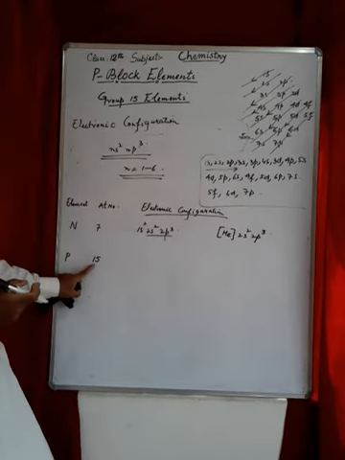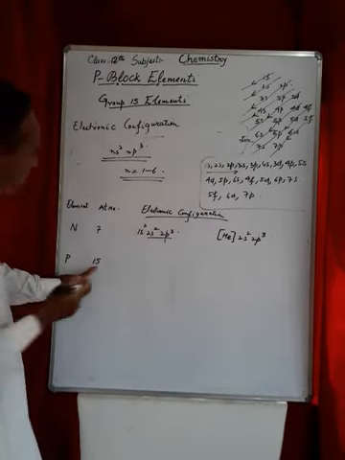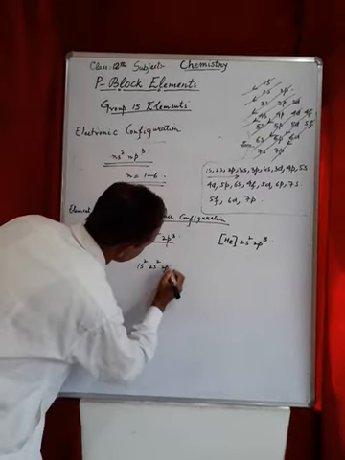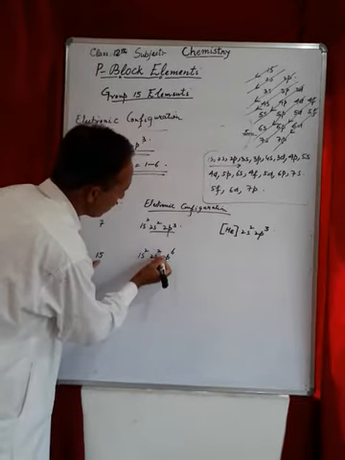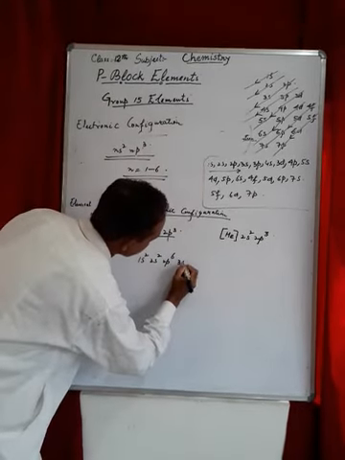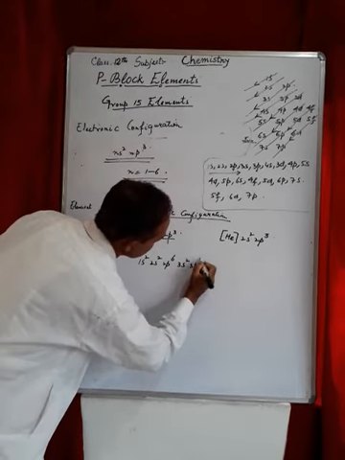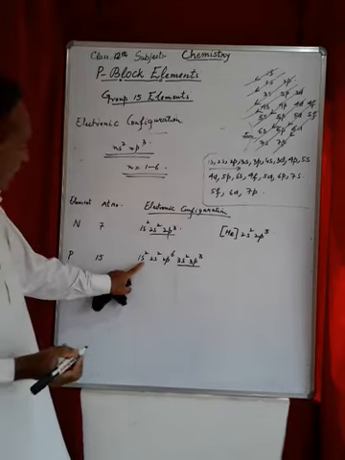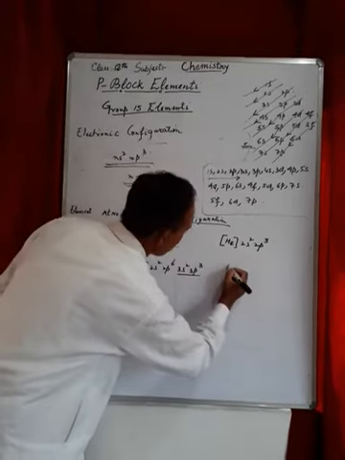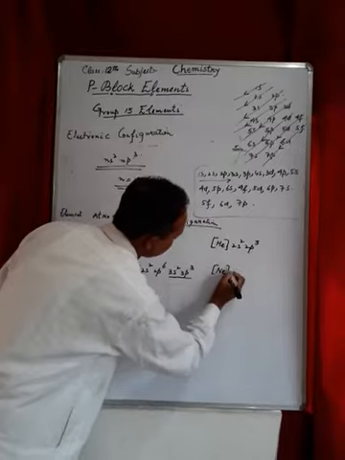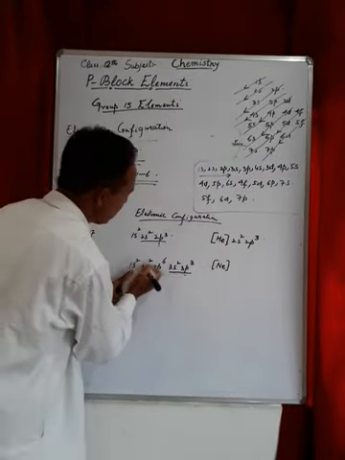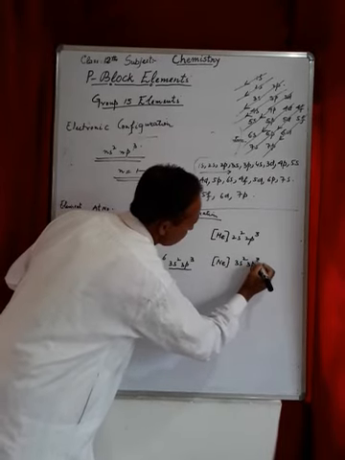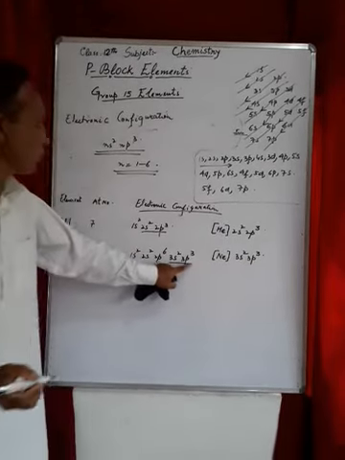So for 15 it is 1s2, 2s2, 2p6, 3s2, 3p3. You can see this with the noble gas core: neon, whose atomic number is 10, then 3s2 3p3.